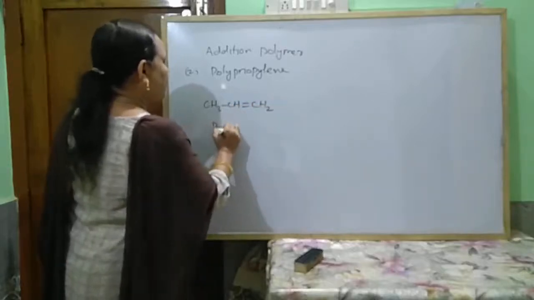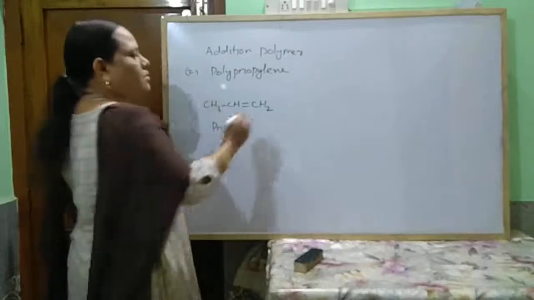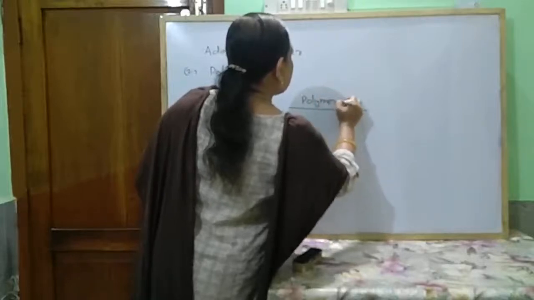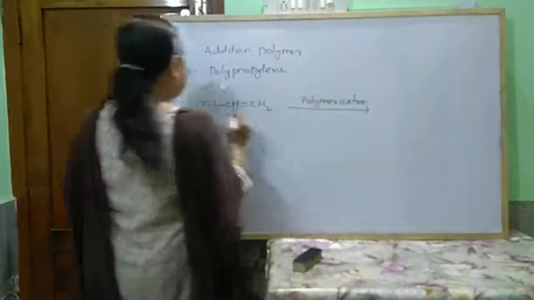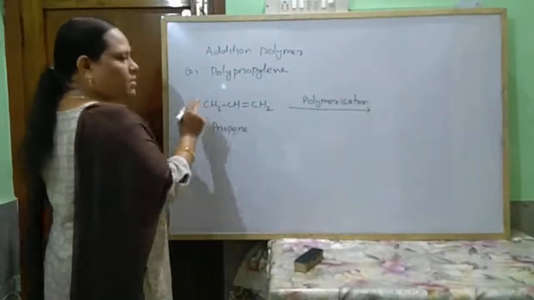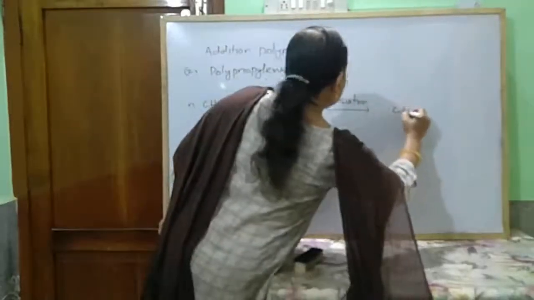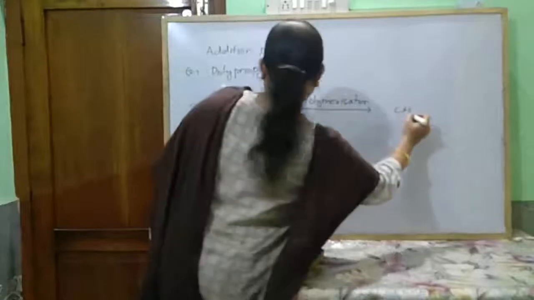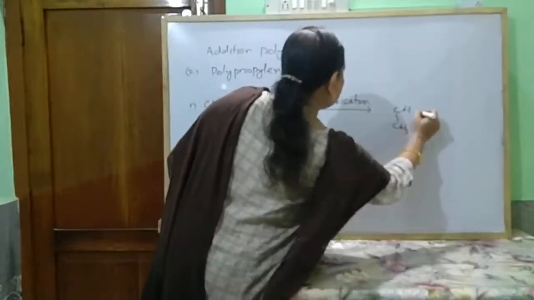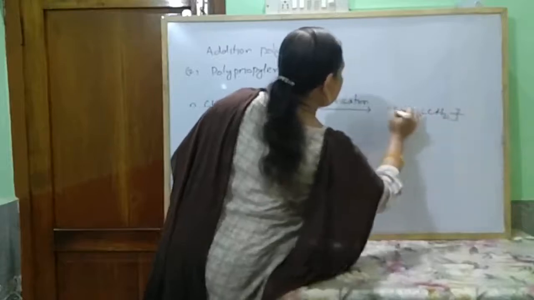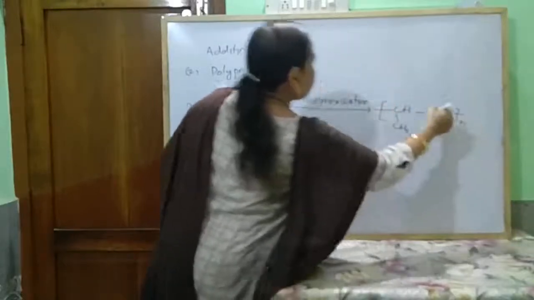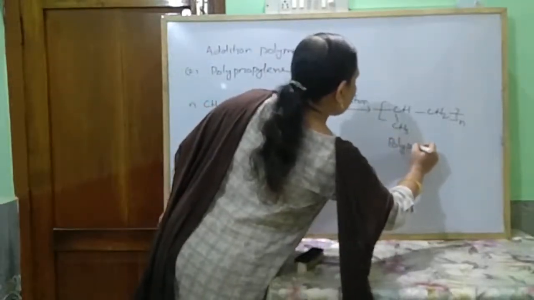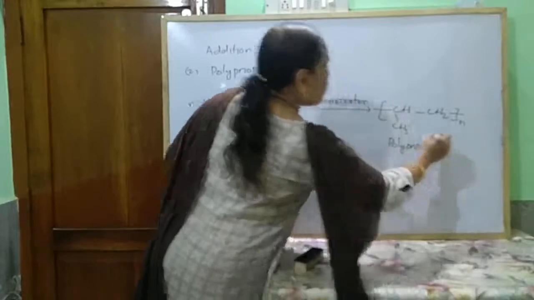Propene undergoes polymerization, n number of these, the double bond breaks, and you get a linkage with CH, CH3 and CH2 units, containing n number of repeating units.